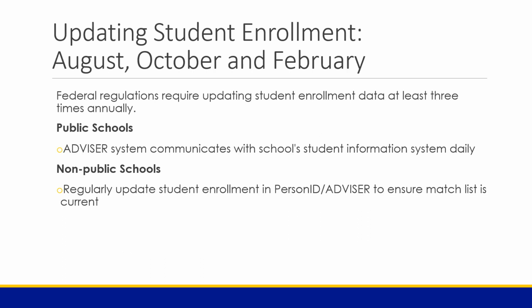Federal school nutrition regulations require that school food authorities update their student enrollment information at least 3 times annually in August, October, and February. Remember, student enrollment information is used to make matches with information provided by DHHS.